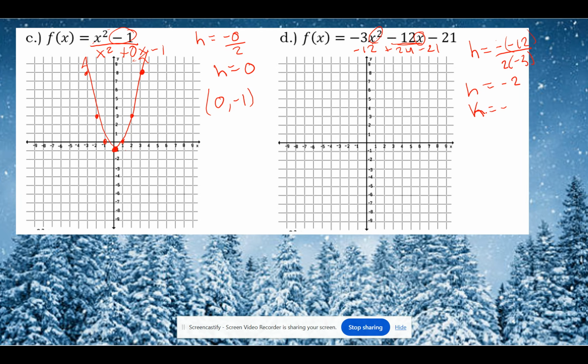Oops, and that would be your K value. So your vertex is at -2, -9. Now because I have a negative in front of my x squared, it's going to be a frowny face. Because you don't have any room, you just go ahead and draw a small frowny face, put some arrows on it, and then move on.